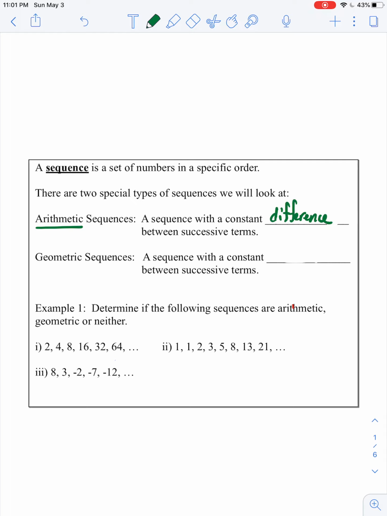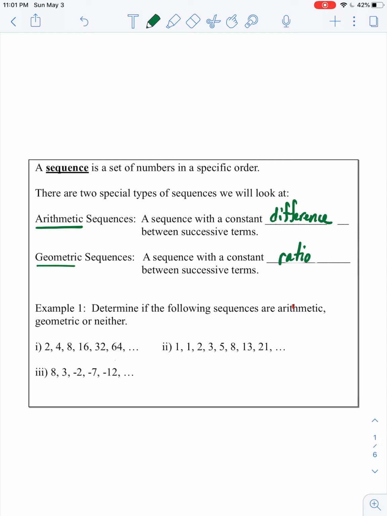That means that between each term in the sequence, you're either adding or subtracting the same thing every time. And then our other sequence is geometric. We don't get to change the pronunciation there. It's just geometric. And that is a sequence with a constant ratio between successive terms.